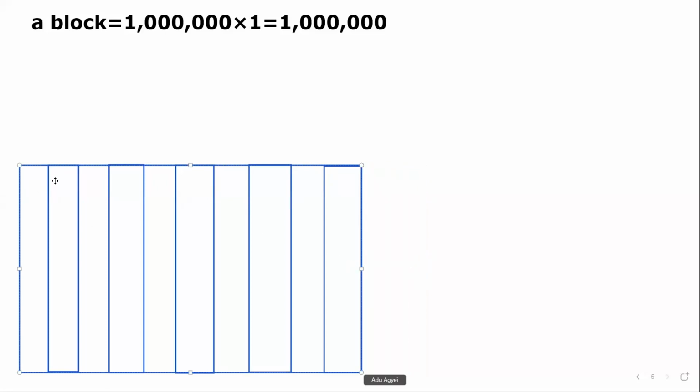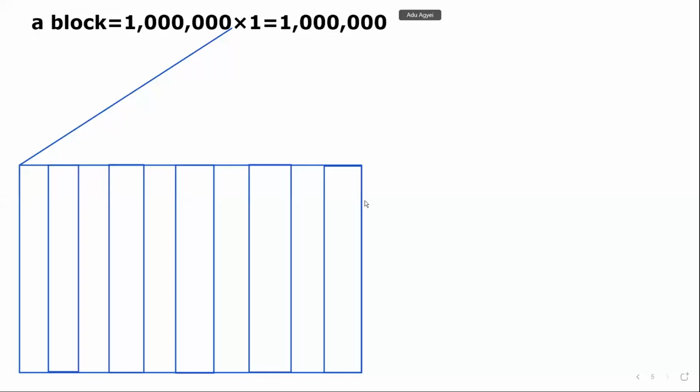So let's count 1, 2, 3, 4, 5, 6, 7, 8, 9, 10. Good. We have gotten our interface, and then draw the other lines.